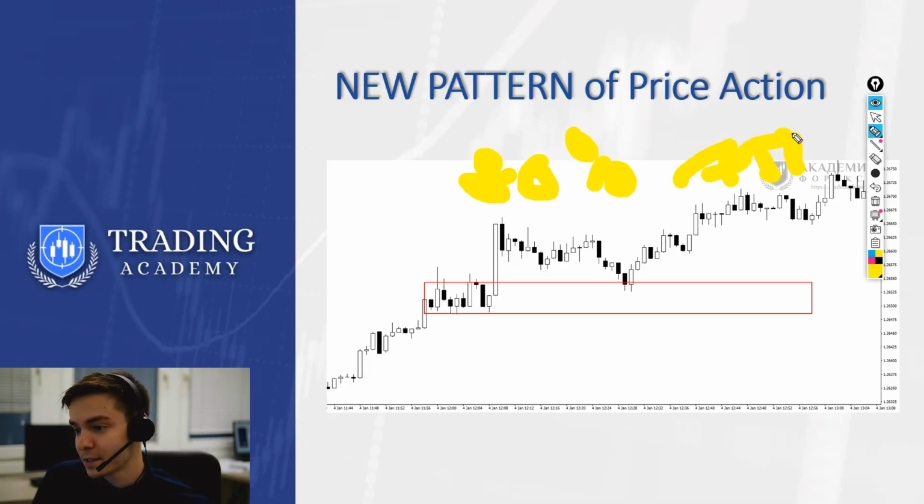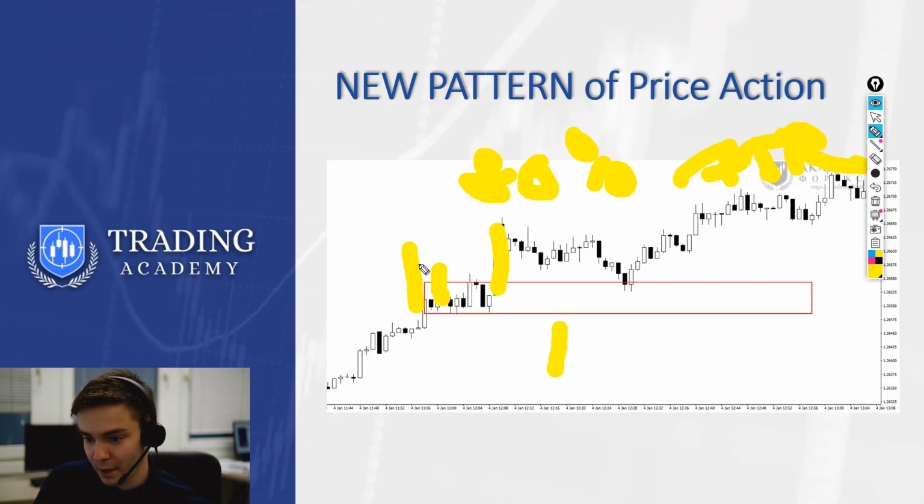ATR is average true range. It means how big the average candle is. You have one candle here and the average ATR can be like that. So maybe after this move we should close the position with the first take profit.